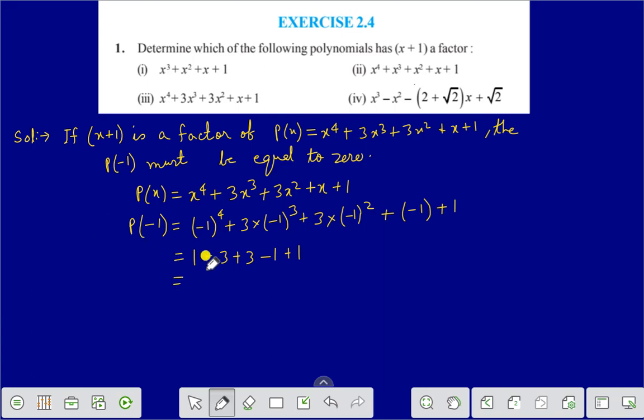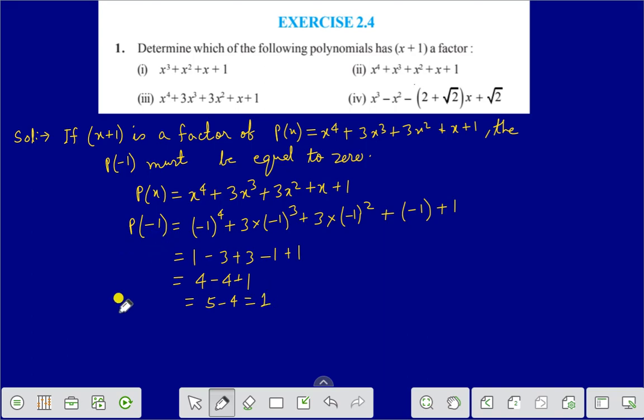Then we are getting 3 plus 1 is 4, minus 3 minus 1 is minus 4, plus 1. 4 plus 1 is 5 minus 4, that is equal to 1.